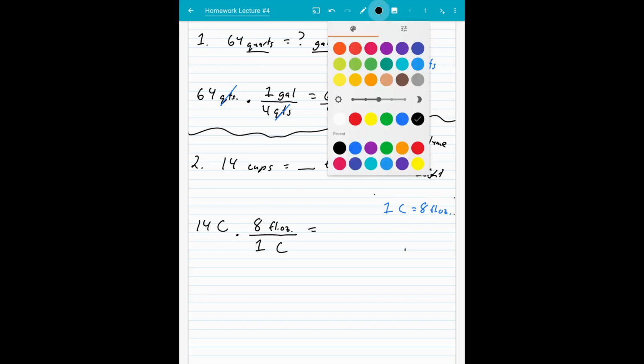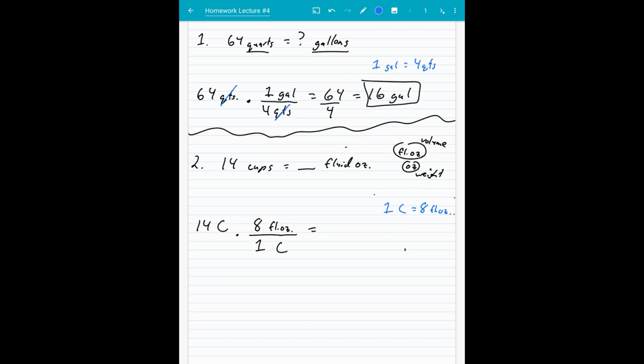As you can see, our goal was to have fluid ounces left because the cups cancel out. And you go ahead and multiply across. So 14 times 8 gives you 112. 112 fluid ounces. And that's your answer for that problem. These are all one-step conversions.